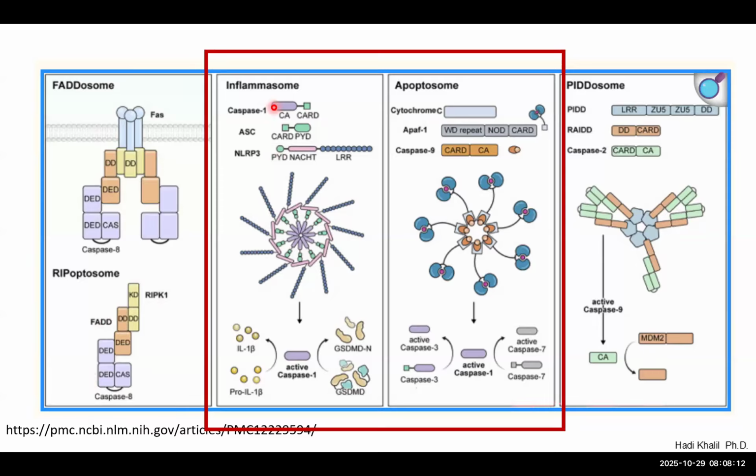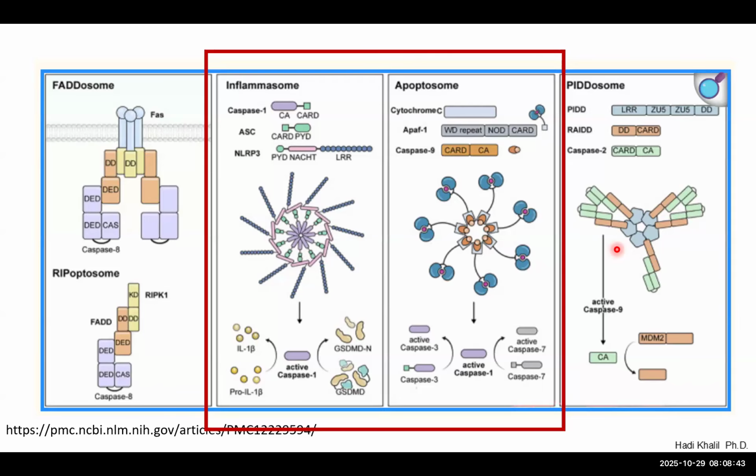The inflammasome, the caspase 1, the ASC, the NLRP3, I described this before when we spoke about the inflammasome. I need you to know inflammasome and apoptosome. These two components, you need to know which proteins make them. But in this paper, if you go, you will see much more than those complexes. And again, it's not really something very complicated.